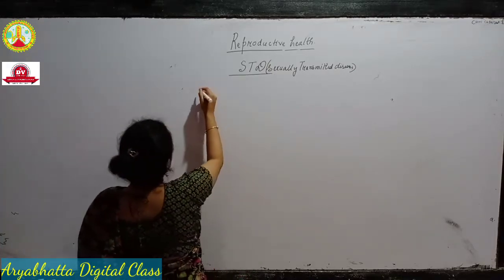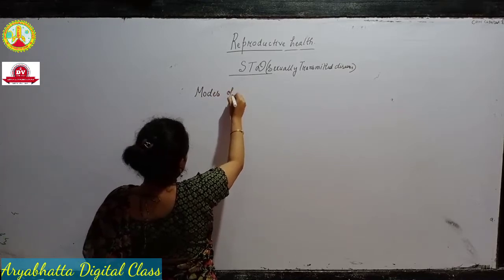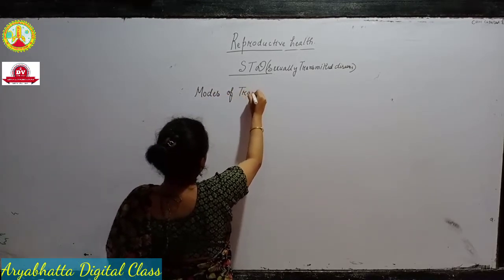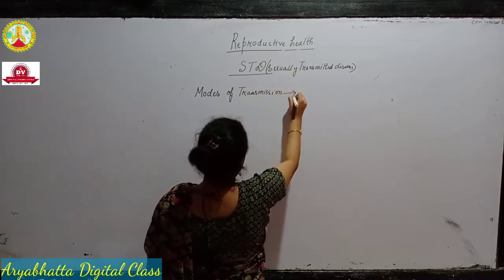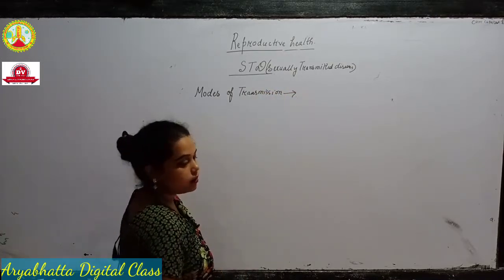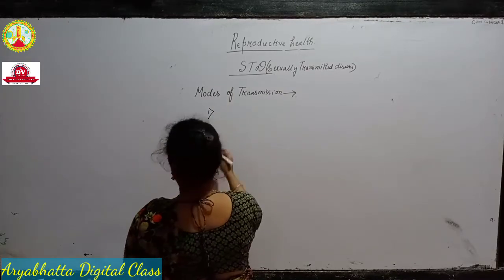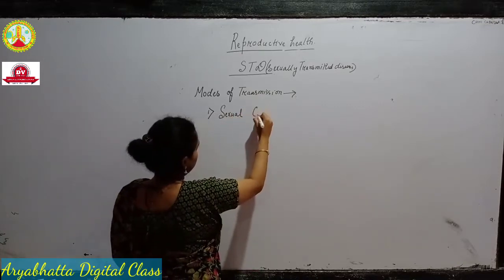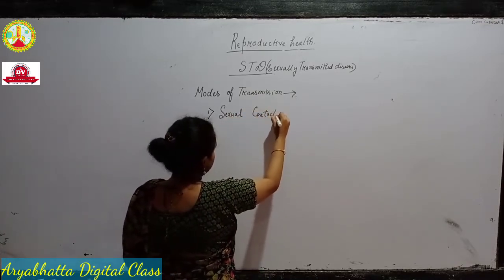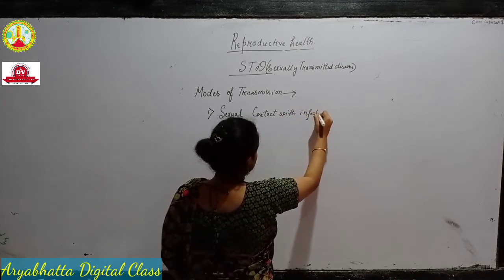Now comes how STDs are transmitted. Modes of transmission. You already have the idea. Number one mode, sexual contact. Sexual contact with infected persons.